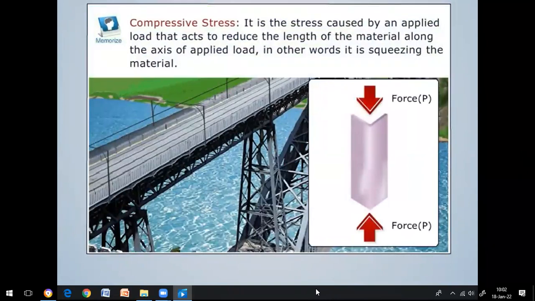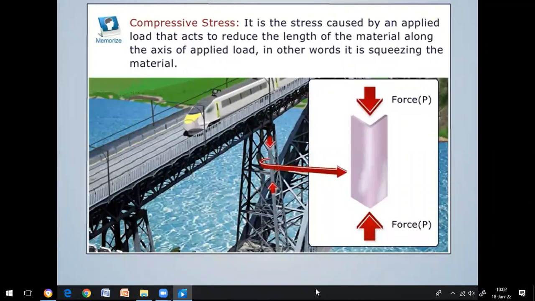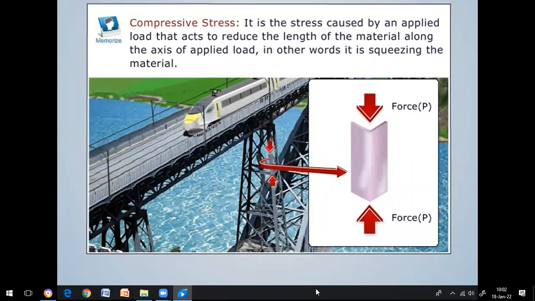What is compressive stress? It is the stress caused by an applied load that acts to reduce the length of the material along the axis of applied load. In other words, it is squeezing the material. Weight of the moving train on the bridge compresses the element, and the stress developed is called compressive stress.